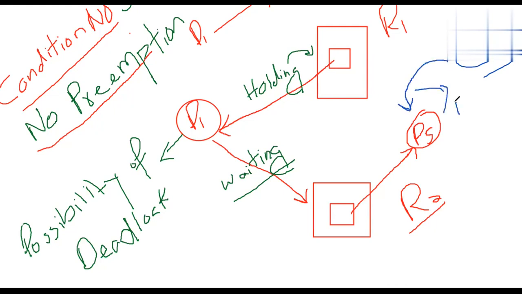If the OS cannot take back the resources from P5, then what will happen? No preemption. It means that the OS cannot take back the resources, okay?